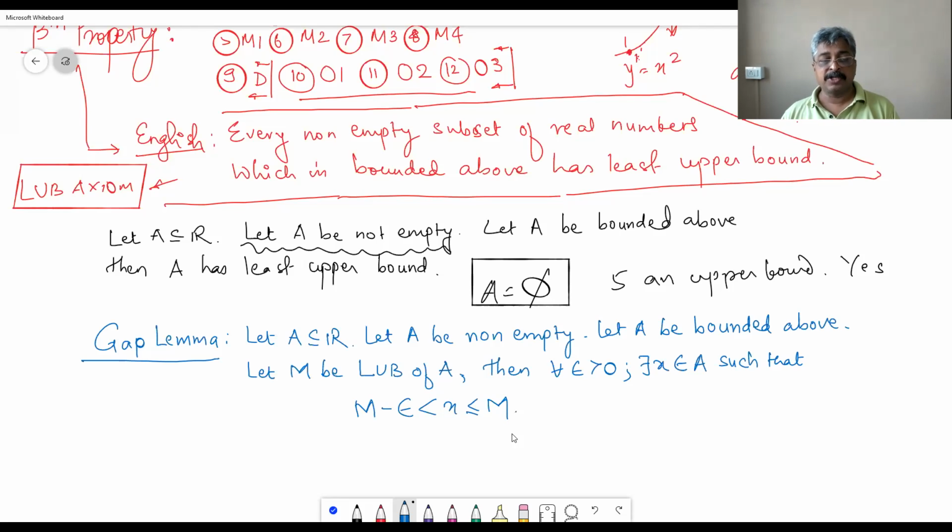What does this mean? This means to the left of the LUB, you don't have a gap. That is what this gap means. I give you a few minutes for doing this on your own, then we will write down the proof together. But it is important to understand what you are trying to prove.